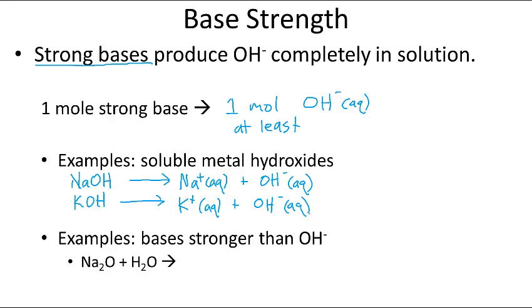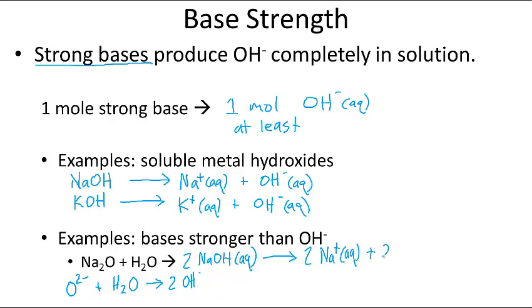Take what? Take the H plus. So if I have O2 minus plus H2O, and it takes an H plus away, right? That's going to make 2 OH minuses. So really, Na2O, if I put it in water, that'll make 2 NaOH aqueous, which really will make 2 Na plus, 2 OH minus.